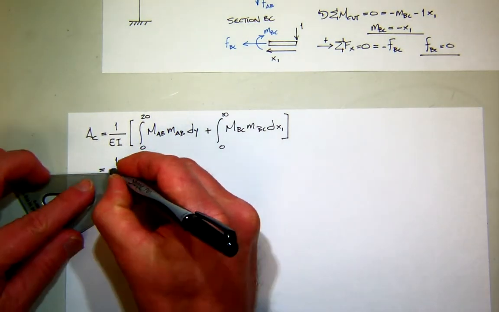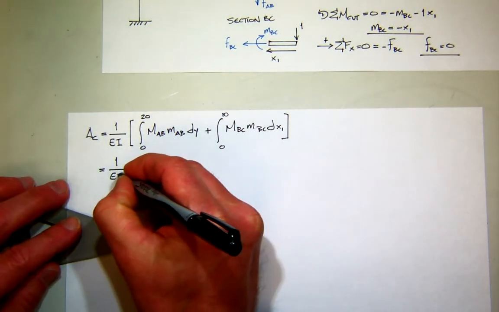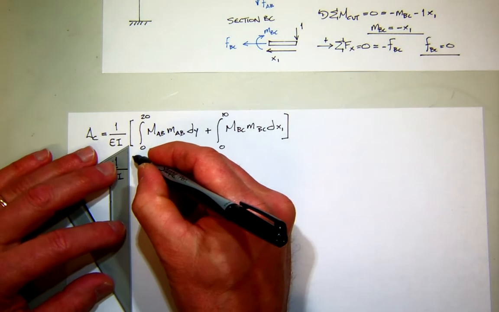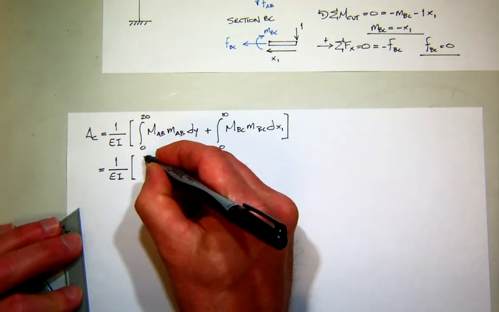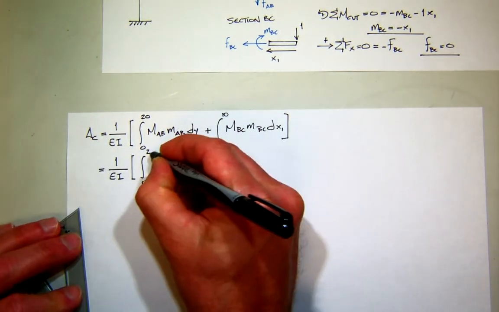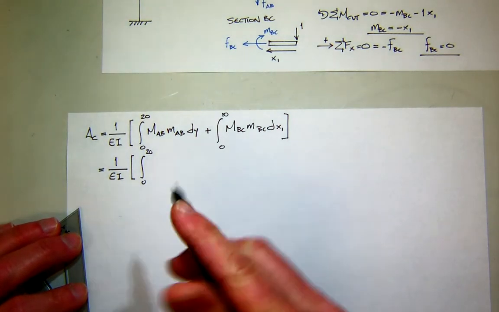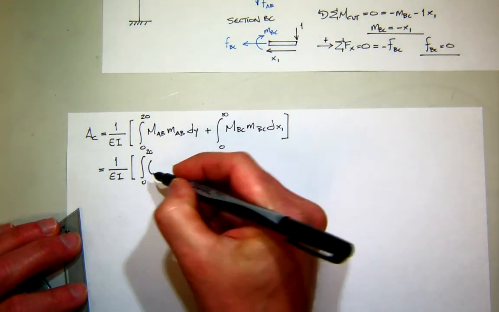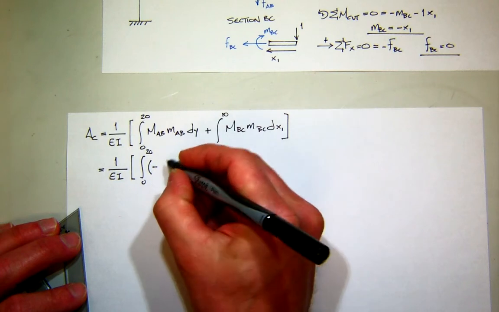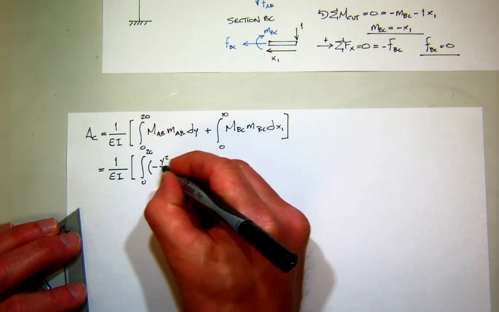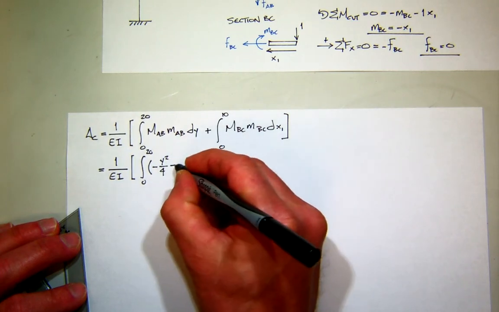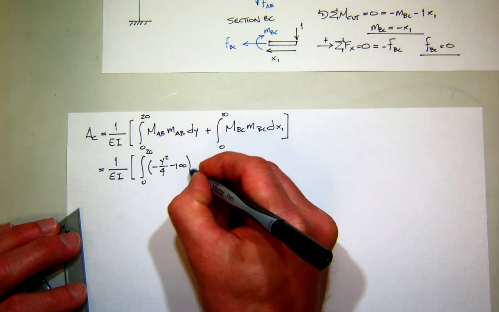So again, I'll keep my value of EI constant. Let's look at the first integral from 0 to 20. The real moment in AB, if we look back, is equal to minus y squared over 4 minus 100.